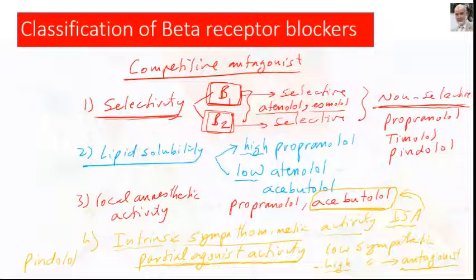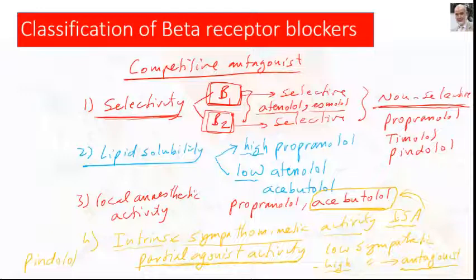Asthma means sympathetic activity is low, with bronchoconstriction, so they will act as a partial agonist and produce bronchodilation. They are also indicated where there is low cardiac reserve, meaning cardiac activity is low.